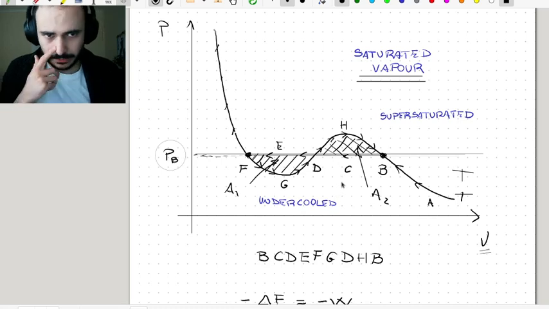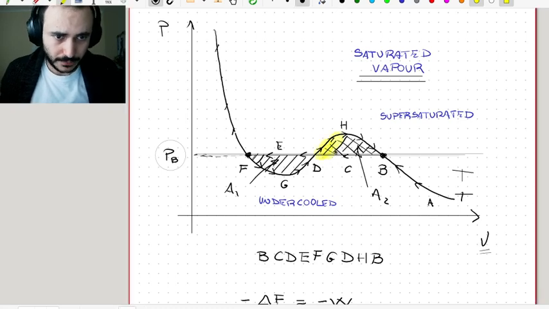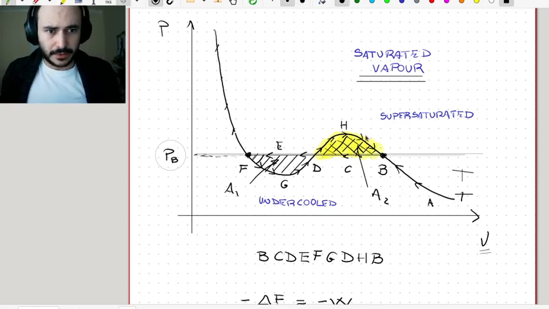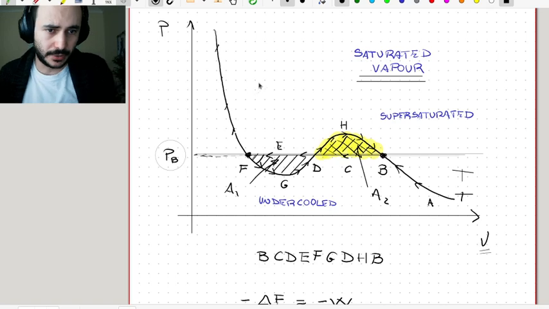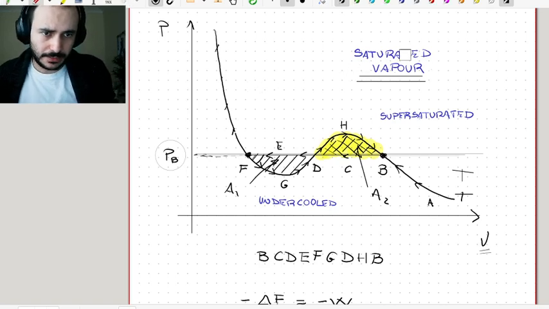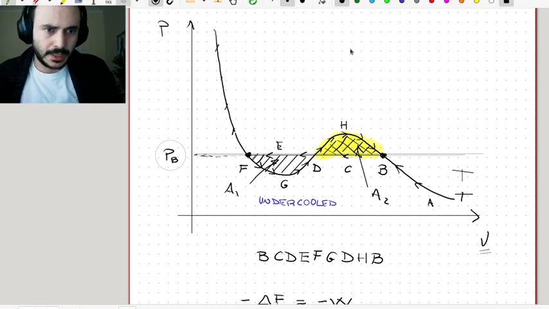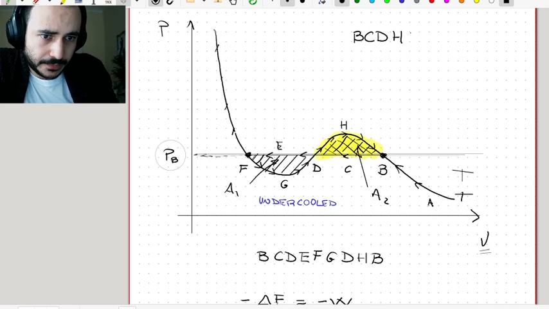Okay, so let's focus on this process up here. Imagine for a moment that instead of considering the entire loop here, I consider a process, let me remove some things here to allow me to write, which is only from B to C, and then D, and then H, and then B again.